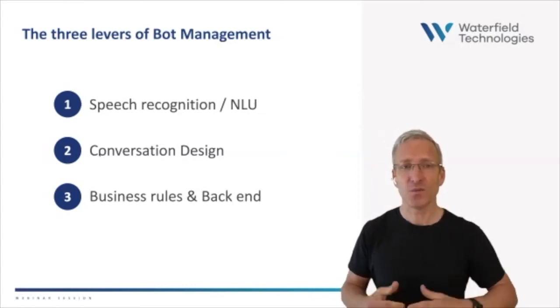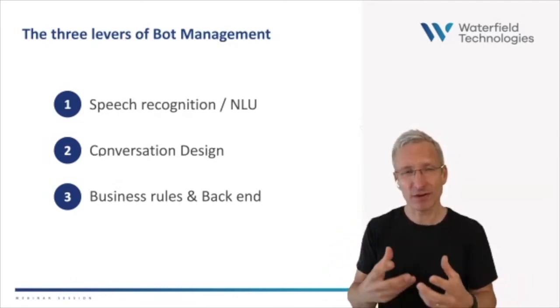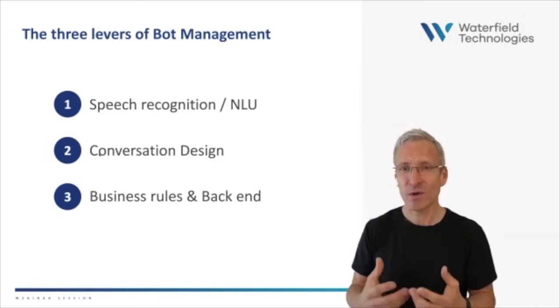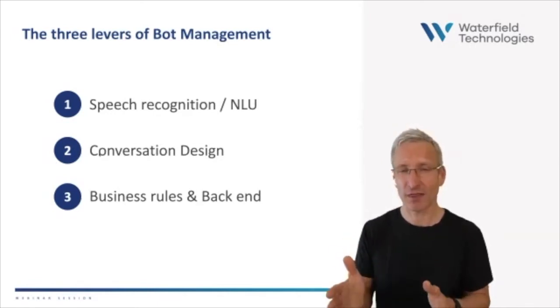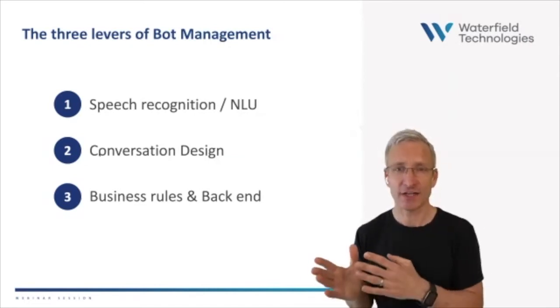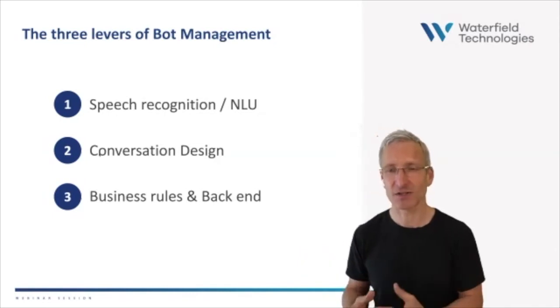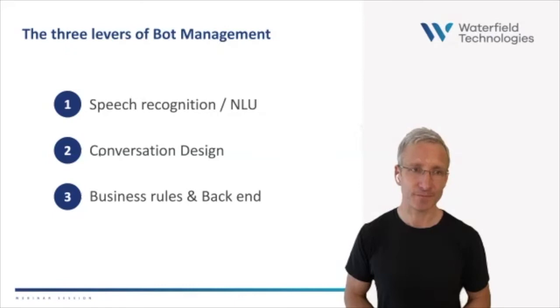And so we can use the data that we have from within states, where if we've got a state where people are dropping out a lot, we can see why it is that we're not understanding what they're saying. We can look at the things that they're saying or inputting via chat, and check that our speech recognition and natural language understanding models are properly understanding those, and if they're not, update the configurations.